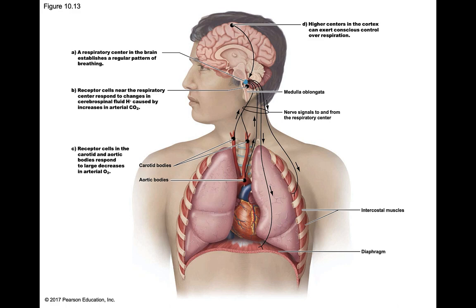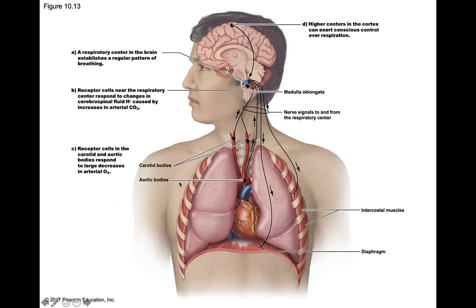Here we see what's happening with the respiratory control center. As I said before, we've got these receptor cells, and they're responsive primarily to changes in hydrogen ion that are due to an increase in CO2. What we see here is the output to the external intercostals and the diaphragm.